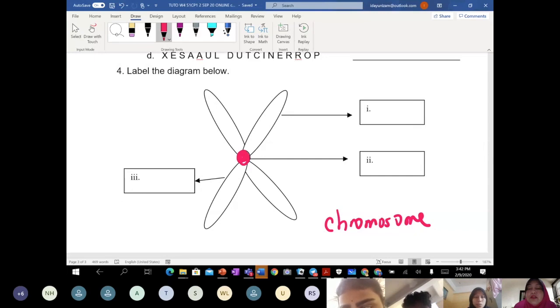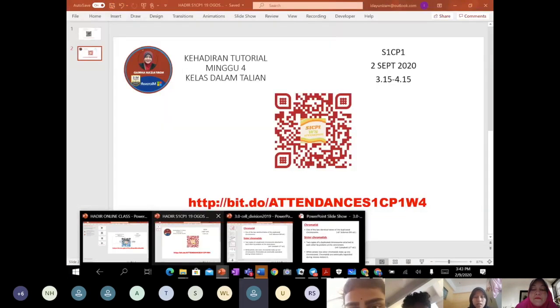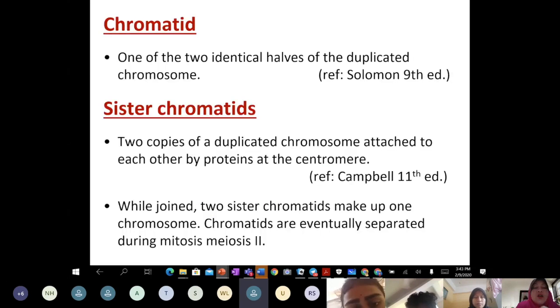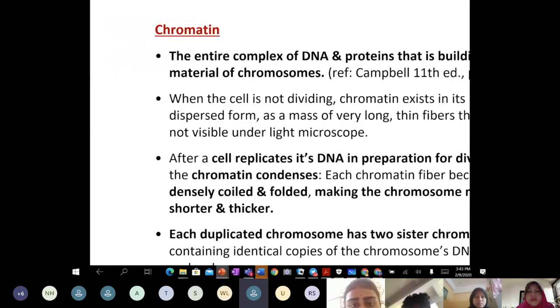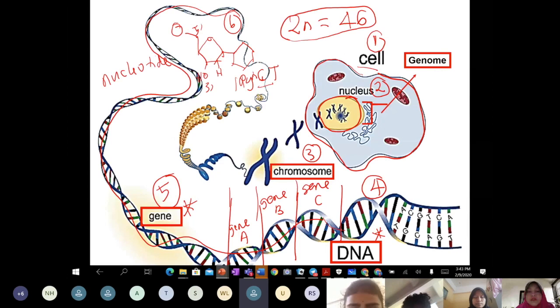Number 1 is, okay, back to the PowerPoint just now. See, a chromatid is one of the 2 identical halves of a duplicated chromosome. So let's refer to this diagram.